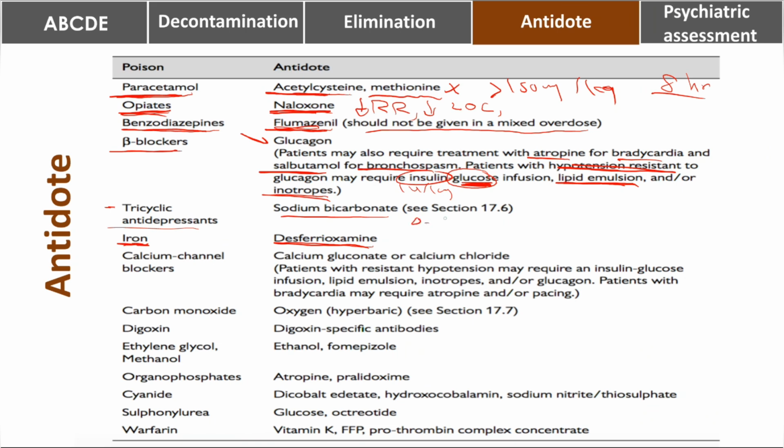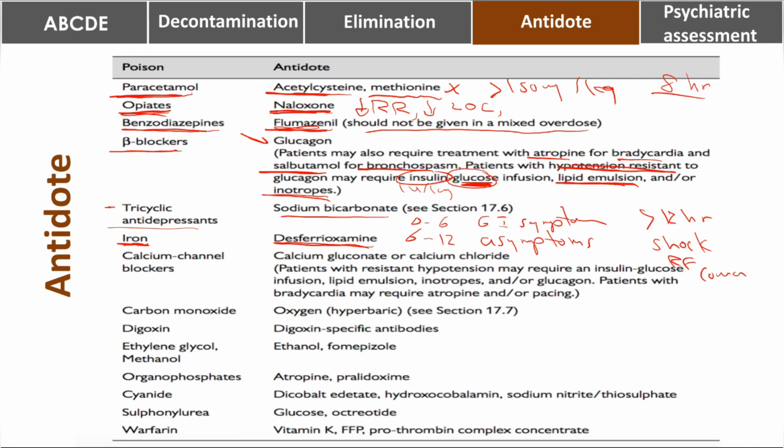So from 0 to 6 hours, they have GI symptoms. Then between 6 to 12 hours, usually they are asymptomatic, and many patients say we have improved and we go home. But later, after 12 hours, the patient will go into shock, into respiratory failure, and the patient will get coma.